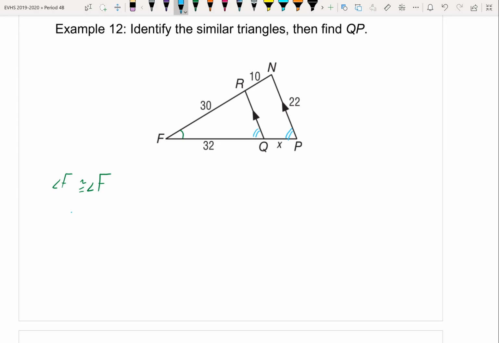similarity, so I know that triangle FRQ is similar to triangle FNP, that's by the angle. And let's go ahead and see, X is over here in this position.